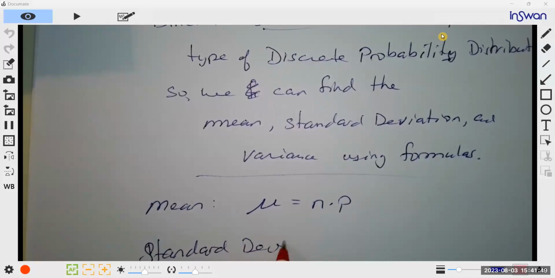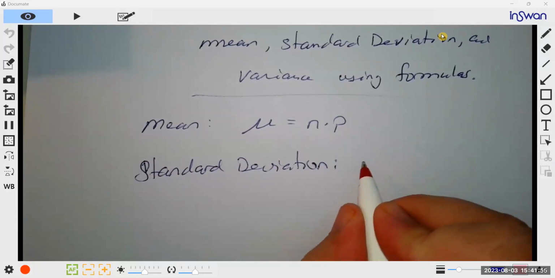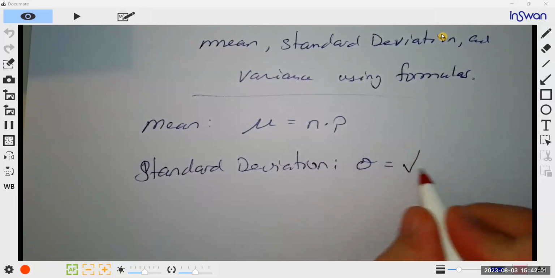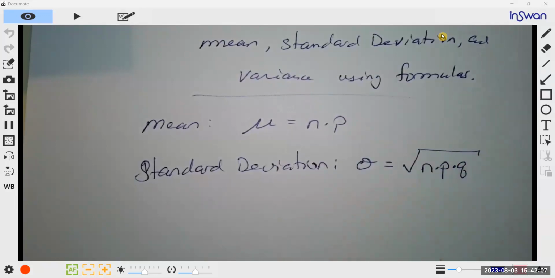The standard deviation is the square root of n times p times q, the number you have, probability of success times probability of failure, because the variance is the square of the standard deviation.